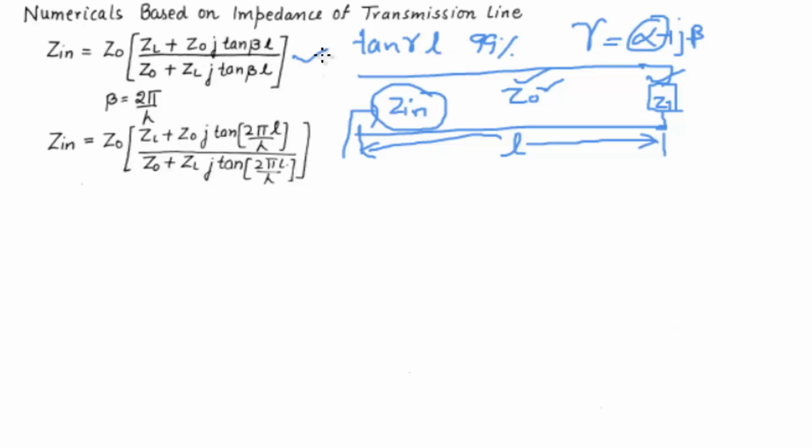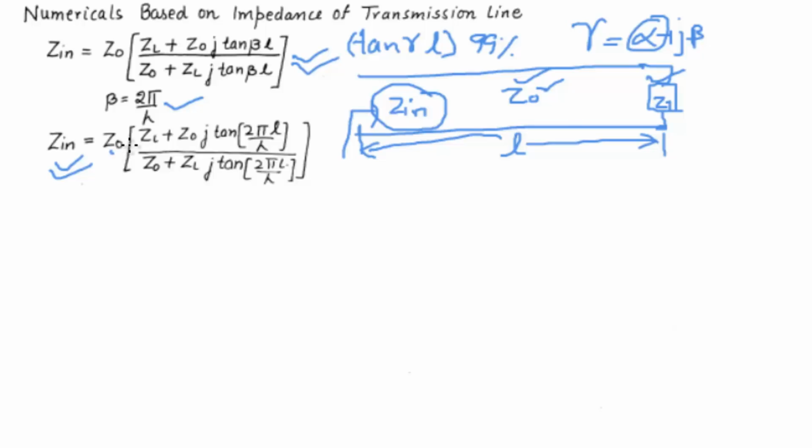So this formula will work for 99% of the cases. Otherwise you could replace it with tan gamma L and remove this j and calculate gamma as alpha plus j beta. Now beta again is 2 pi by lambda, so substitute 2 pi by lambda here and you're good to go. So your input impedance can be calculated like this.